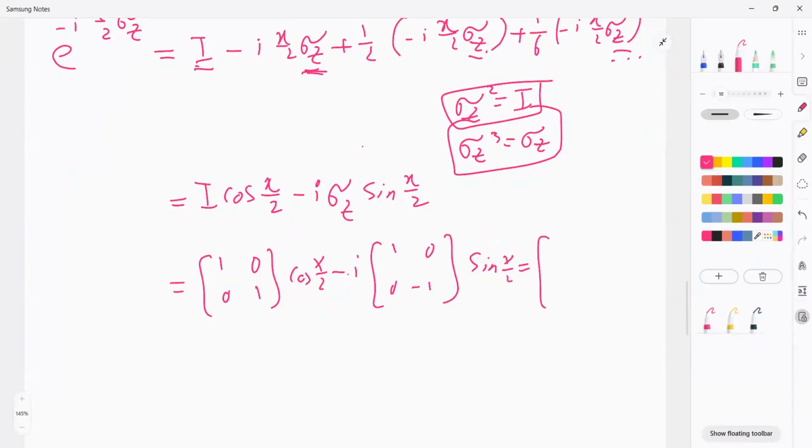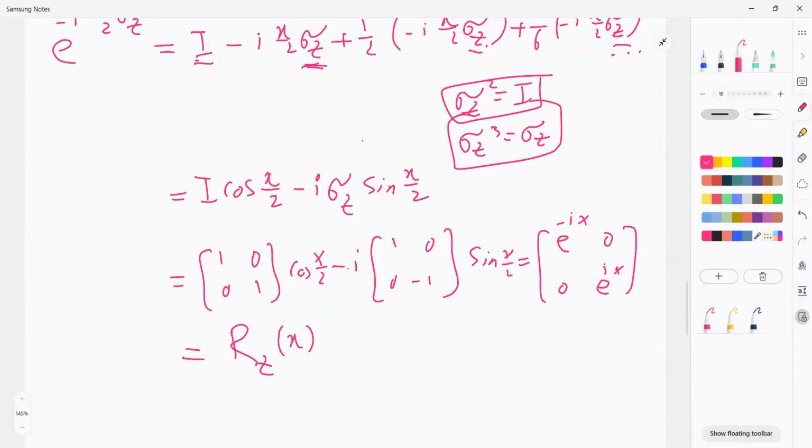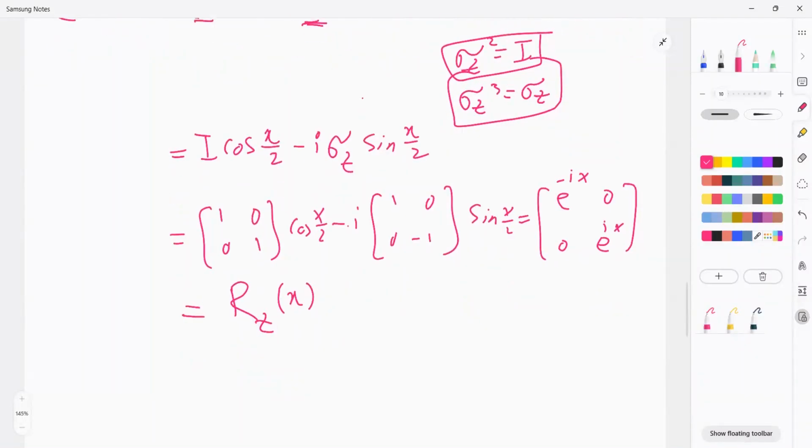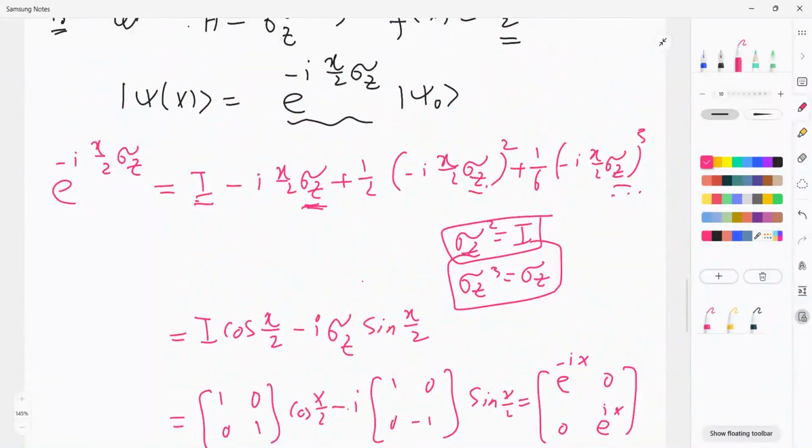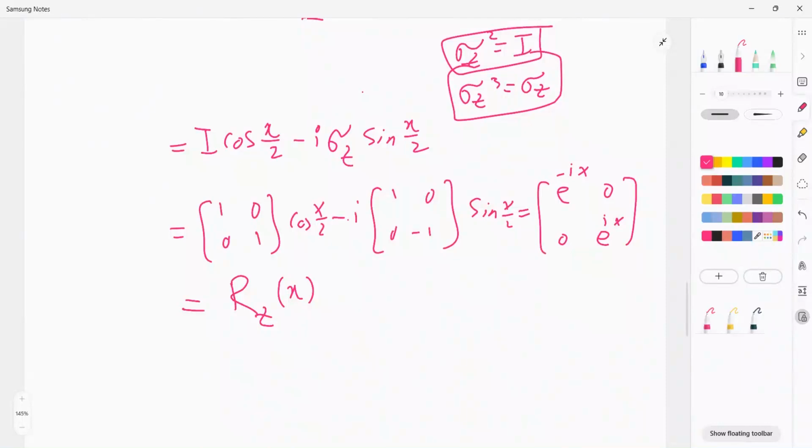This is nothing but exponential minus iota x by 2, 0, 0, exponential iota x by 2, which is a z rotation gate by angle x. Let's see if everything is right, so x by 2 in the exponent, and yes, this is the z rotation gate.